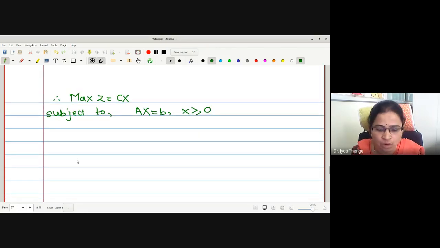Okay. Now what is the assumption? Among the k extreme points, the mth extreme point gives us the maximum value of the objective function.